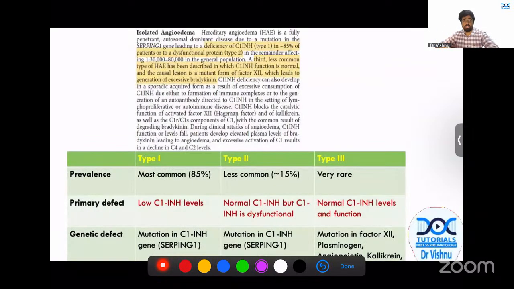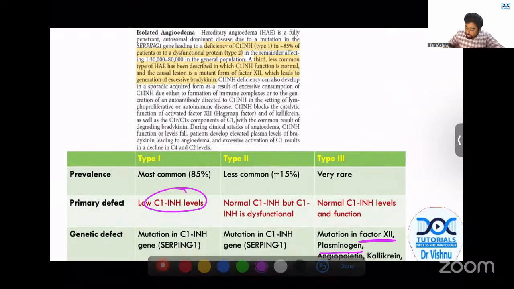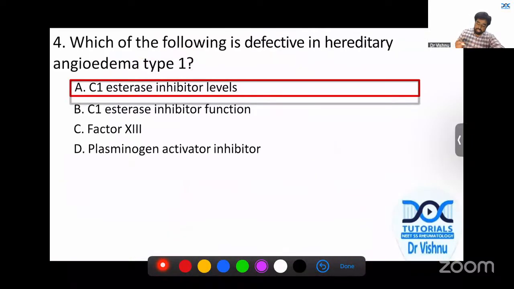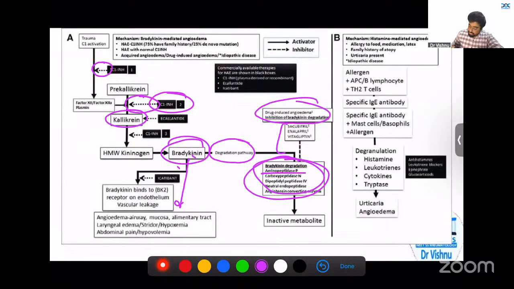Then we come to the types. So the types are very simple here. Type 1 is quantitative, type 2 is qualitative change in C1 esterase inhibitor levels, and type 3 is a different mutation, a different change that occurs in factor 12, plasminogen, angiopoietin, kallikrein, all of these surrounding components, not the C1 esterase inhibitor per se.